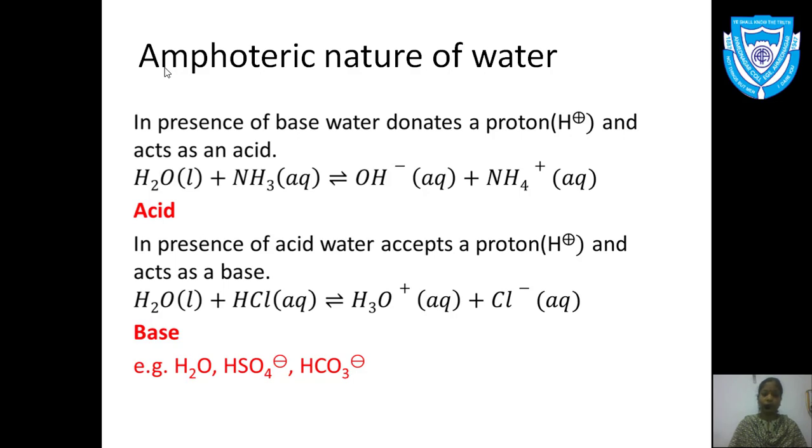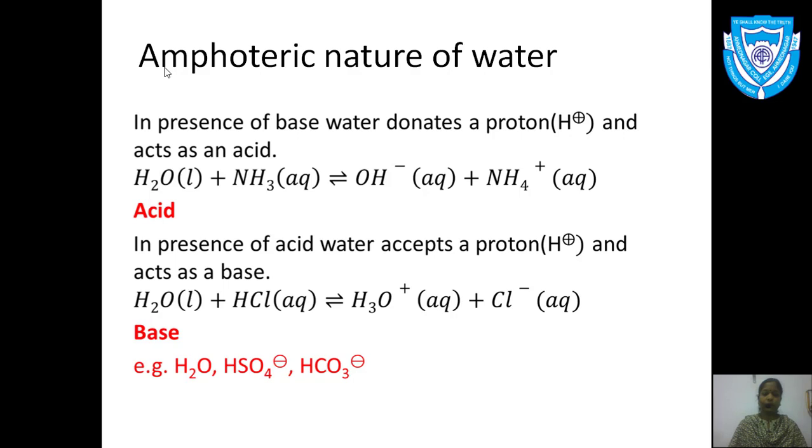Such dual behavior of water is known as the amphoteric nature of water. Here water acts as an acid and also as a base when placed in a different environment, hence it is amphoteric in nature. Just like water, there are other examples also.